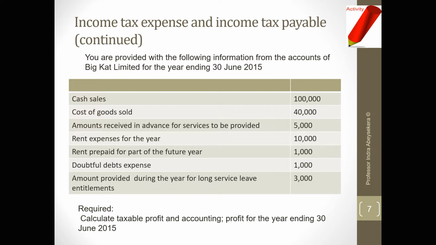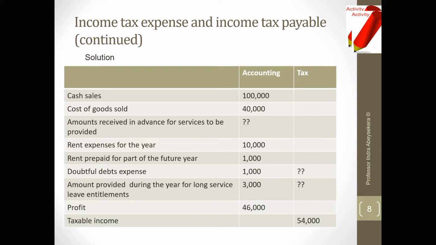So based on this information that's provided for us, we can determine how much accounting profit is and how much taxable income is. Some pointers, I put some question marks there for you to think about, because for accounting purposes, we will not include amount received in advance for services to be provided.